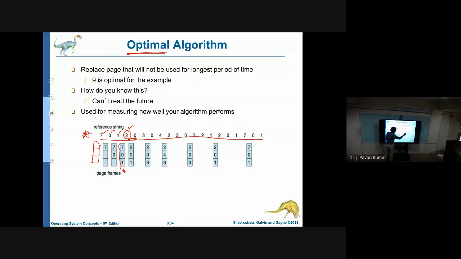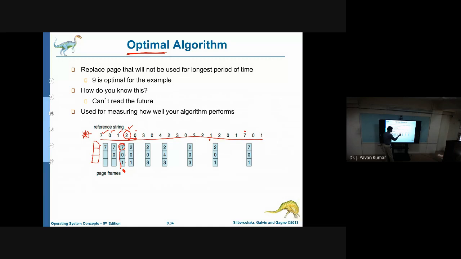Like this, 0 and 1 are being referred before 7, isn't it? Out of these three, 0 is referred here, 1 is referred here, but 7 is referred last. So we can choose 7 to replace. Yes or no?